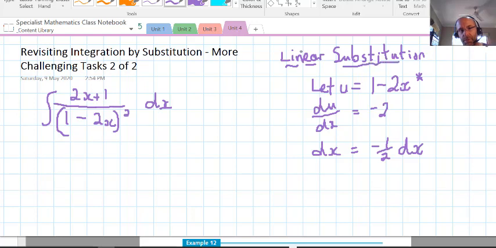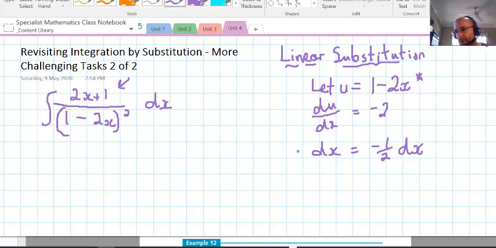So sometimes they're referred to as linear substitution style questions. Now what we do there, where the asterisk is, we're going to write things in terms of something that's evident here in the integrand. Okay, now we don't want a combination of x and u in the same question. What we want is it to all be in terms of u so we can integrate it more easily.